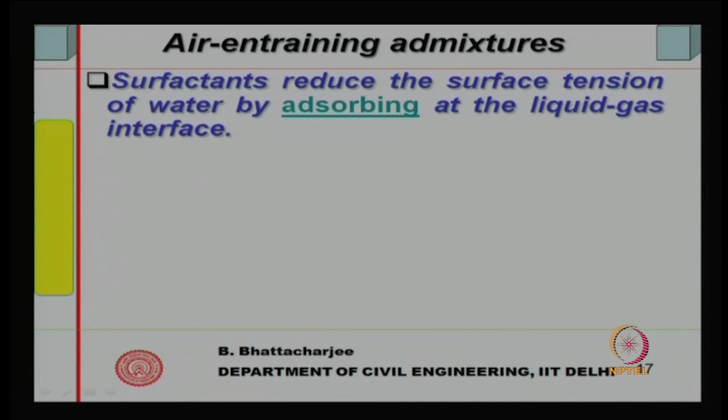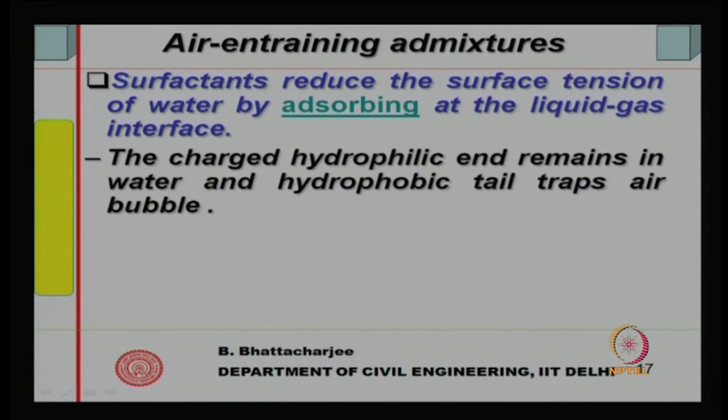Essentially, they reduce the surface tension of water by adsorbing at the liquid gas interface. So, they get adsorbed at the liquid gas interface, that is the water air interface, and change the surface tension properties of the water. The charged head is hydrophilic and remains in water, and the hydrophobic tail traps the air bubble.